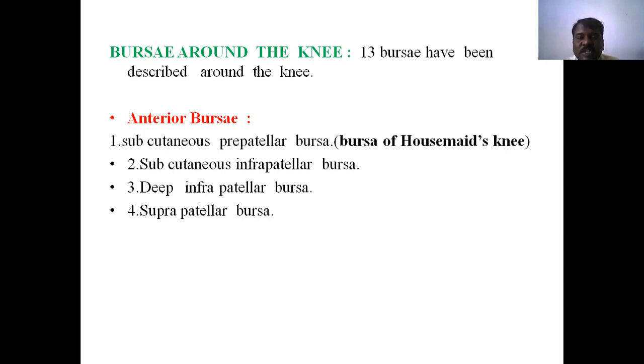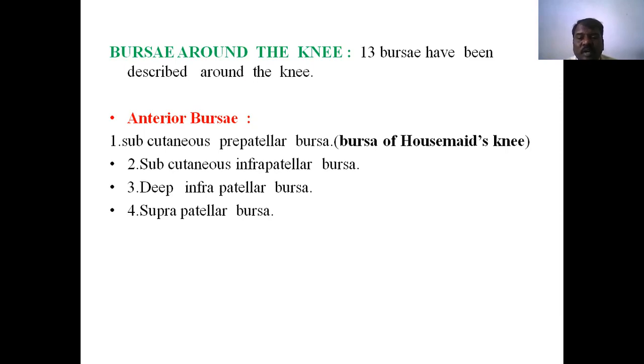First, the anterior bursas. See this anterior bursa just below the skin: subcutaneous prepatellar bursa and subcutaneous infrapatellar bursa. So subcutaneous, below the skin, after removing the skin, we can identify them above the patella and below the patella.